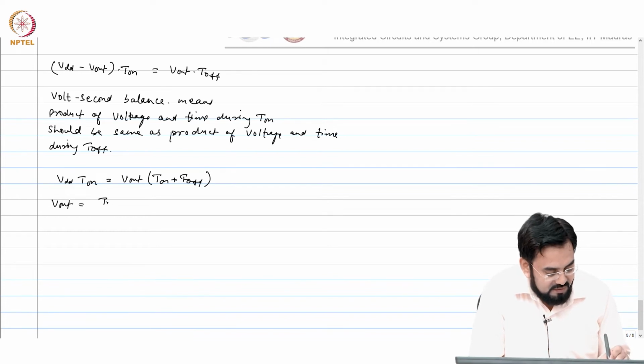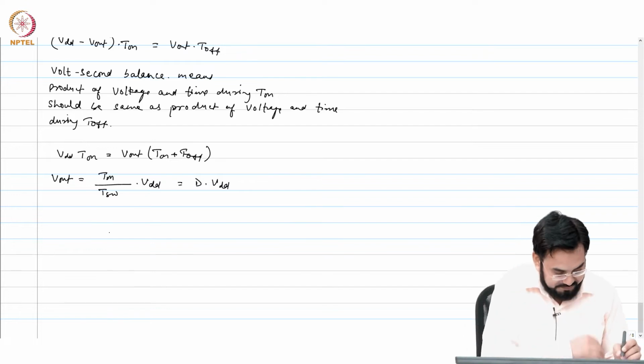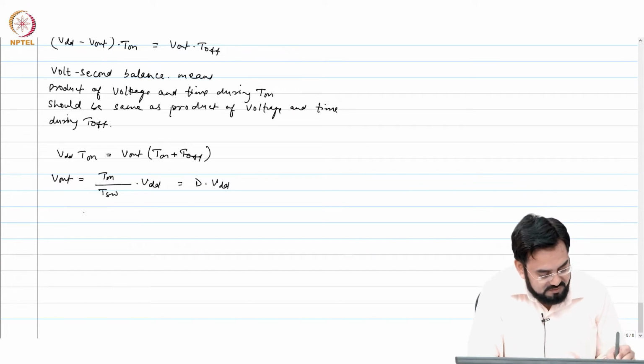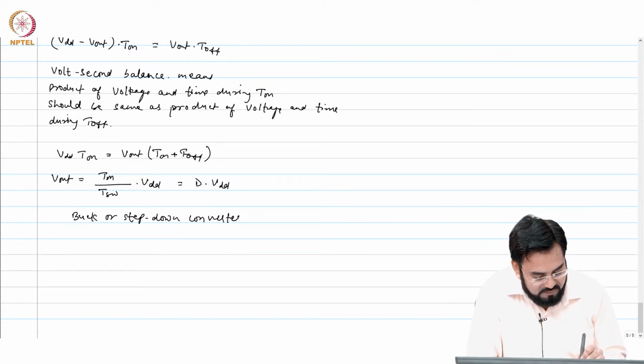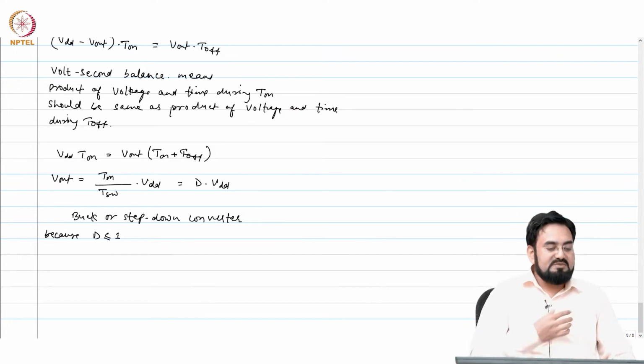So, V out equal to T on over T on plus T off, which is nothing but TSW, into VDD, D times VDD. And this is nothing but a buck or step down converter, because D is always less than or equal to 1, maximum it can be 1.